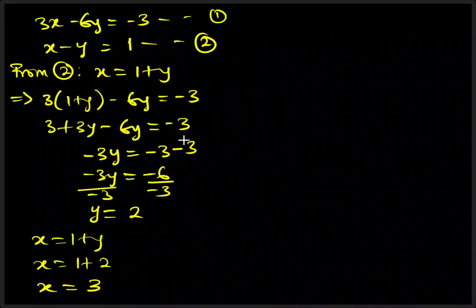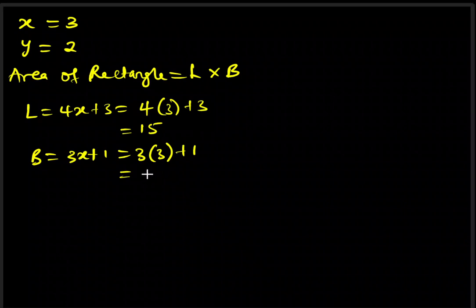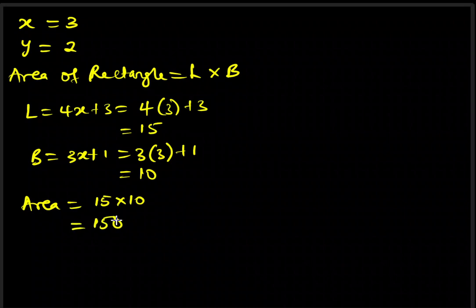Breadth is 3x plus 1, which is 3(3) plus 1, which is 9 plus 1, and that will give us 10. So area is equal to 15 times 10, which gives us 150. We were told that the units are in cm, so our area is 150 centimeters square.